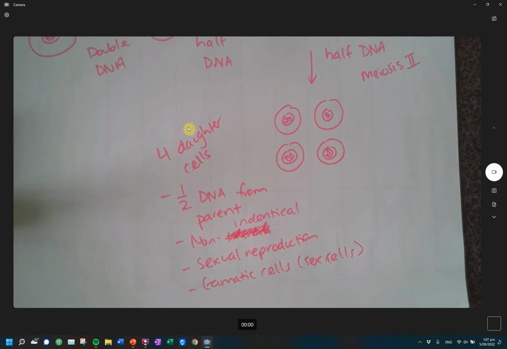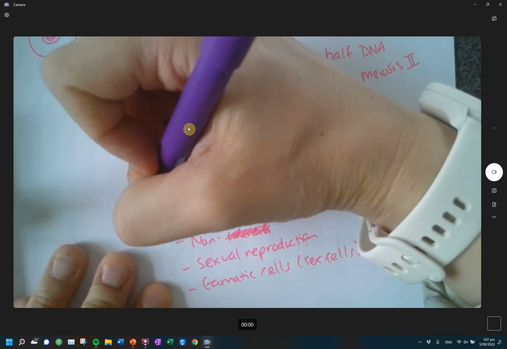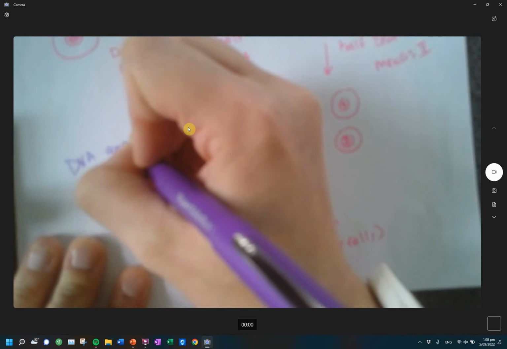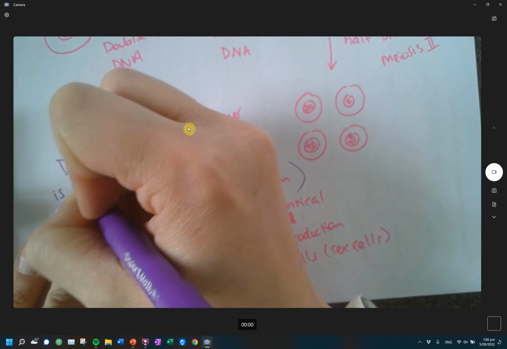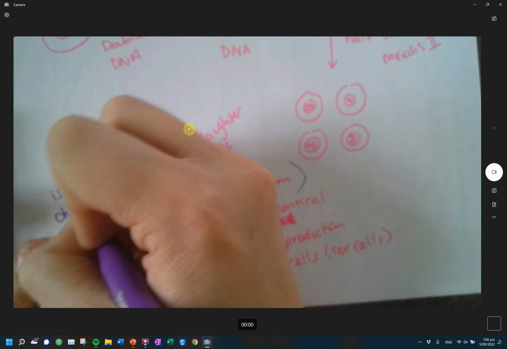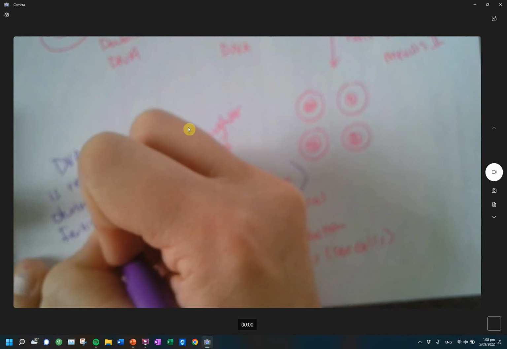All right, when does my DNA get restored to the right level? If I have half in these cells, when does it get restored back to a full amount? Do these cells start dividing and doubling and making the right amount, or do I need to have another parent? You need another parent. So this is half from the parent, and the DNA amount is restored during fertilization.